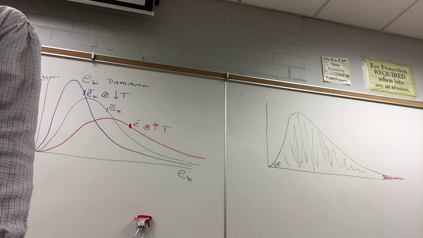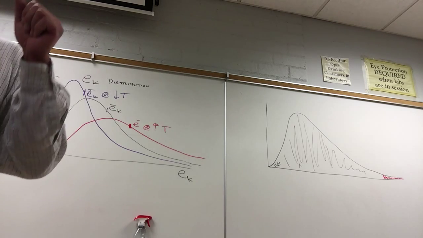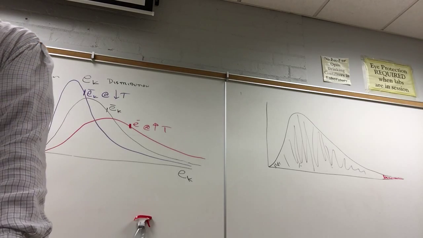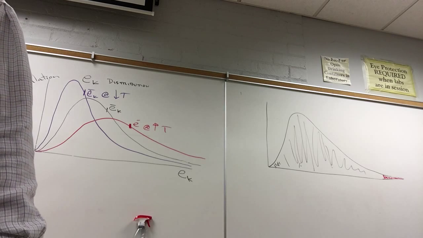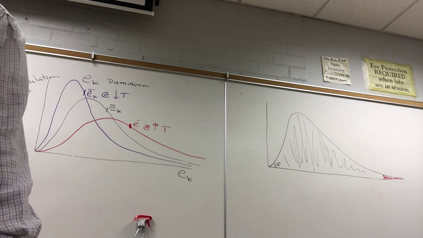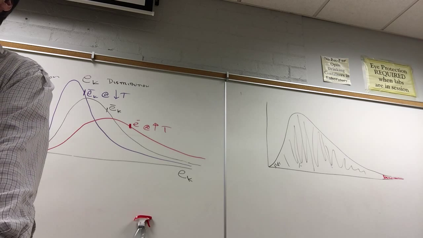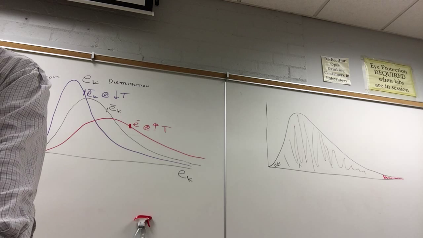There are allowed energies for rotations and forbidden. And it's just because of the way it vibrates and the way it rotates. It doesn't just vibrate any old way. No, there are fundamental vibrations. And so it turns out that those energies are what we call quantized, meaning that they're allowed and forbidden.